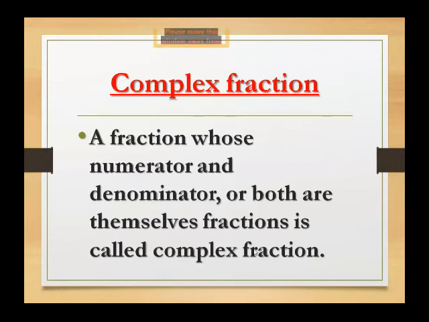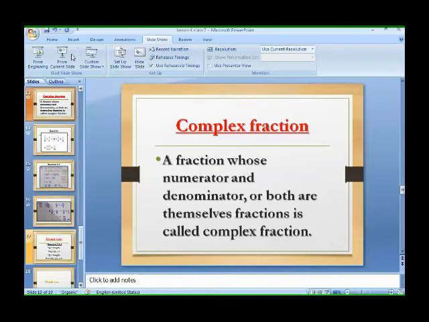If only the numerator is a fraction and the denominator is a whole number, we call it a complex fraction. If the numerator is a whole number and the denominator is a fraction, we call it a complex fraction. Or if both the numerator and denominator are fractions, we call it a complex fraction. These are the complex fractions.